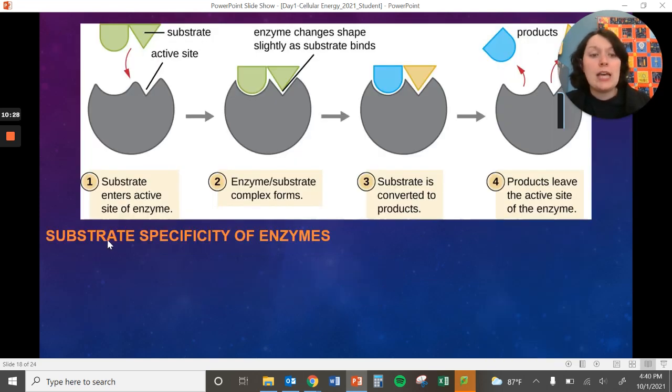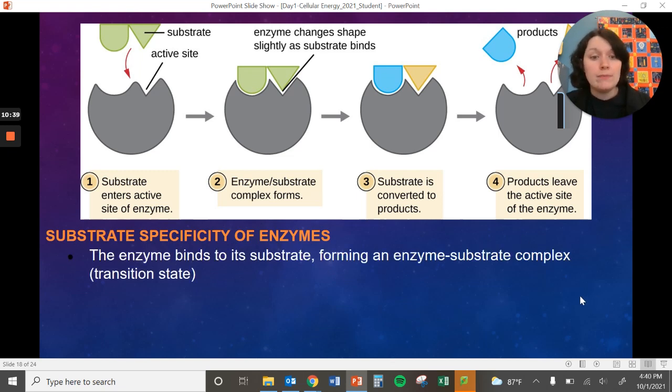Okay, and so our enzyme has an active site that is specific to a substrate, so it's only going to be catalyzing certain reactions, so we can control what is being catalyzed and what is not. So the substrate will bind to its active site, and it forms what's called an enzyme-substrate complex.